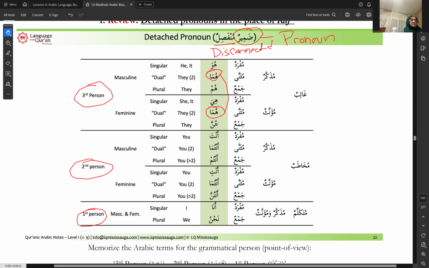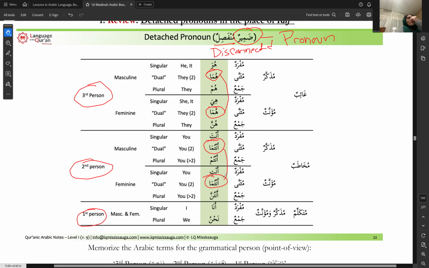Now, hunna is plural, feminine. Anta, going to second person. So all of those, you're talking about someone else, that's not directly in the conversation with you. The next six are going to be those that you are in a direct conversation with. Anta, you, masculine. Antuma, you, both of you. Antum, you, plural, so all of you. Anti, you, singular, for feminine.